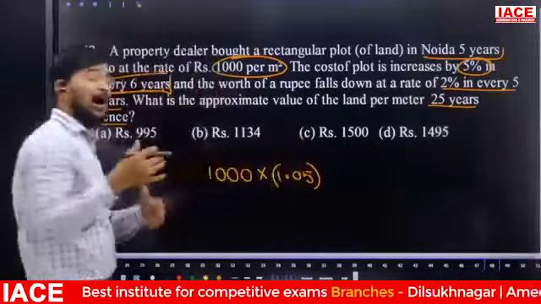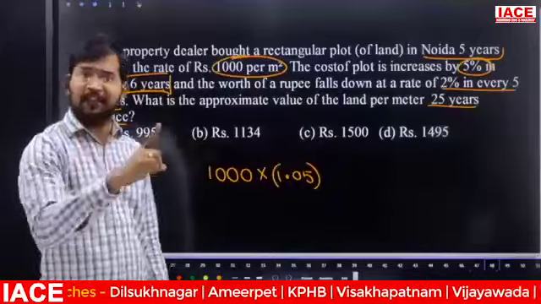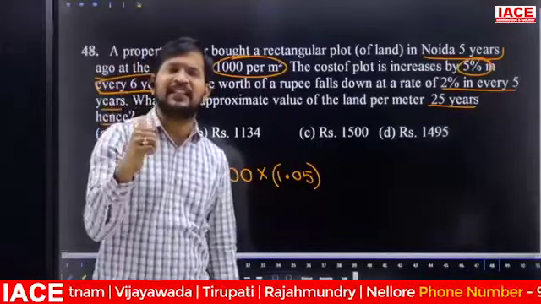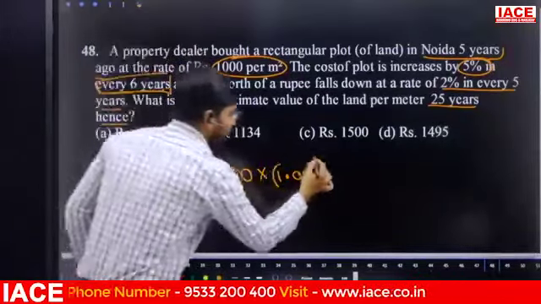So first of all, how many cycles are possible? Every 6 years changes is there. Yes or not? So in 30 years span, how many 6 years are possible? 5 6 years are possible. Na? Therefore, we need to go for 5 cycles.